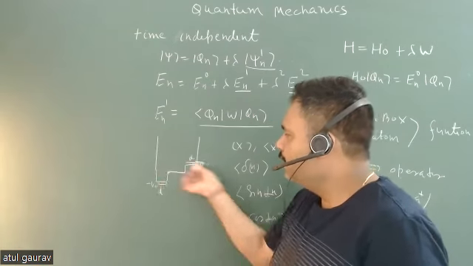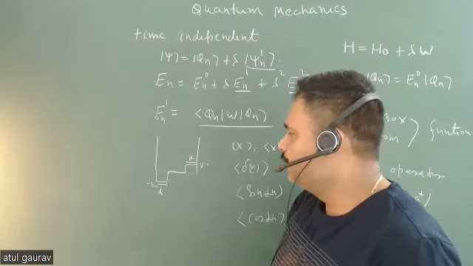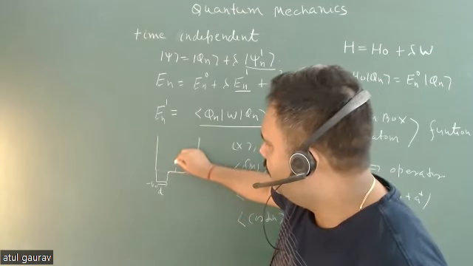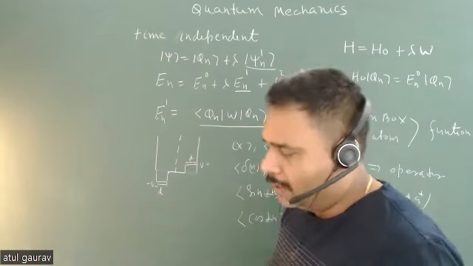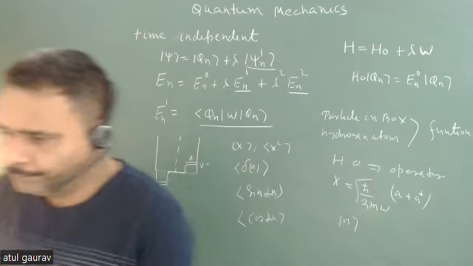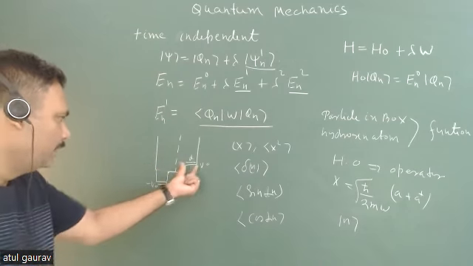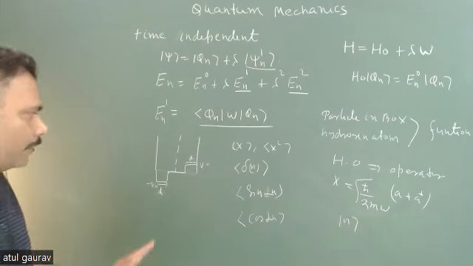So what will happen to this type of perturbation? Suppose this is your center and this is antisymmetric, then what will happen? Exactly the same height is there, exactly the same width is there, but this is the negative side, this is the positive side. What will be your first order correction?